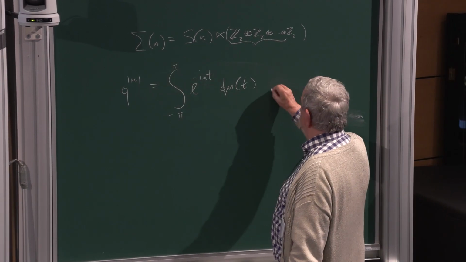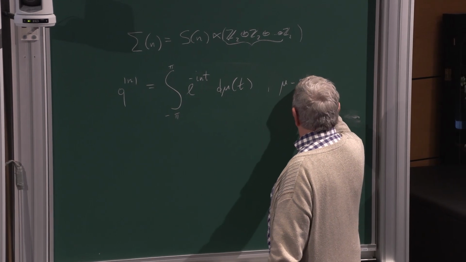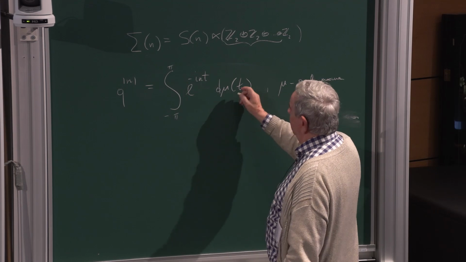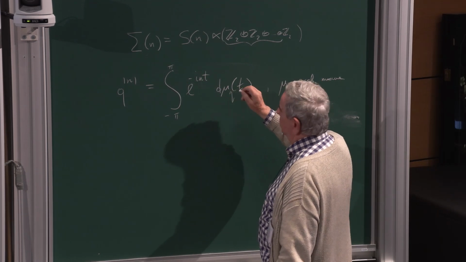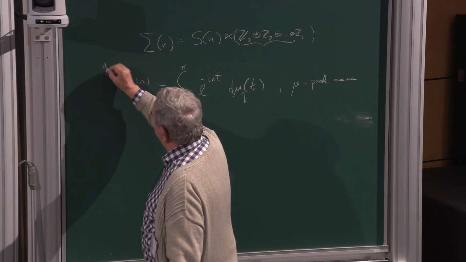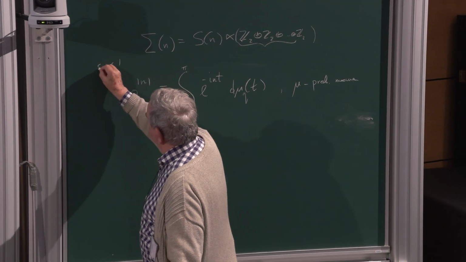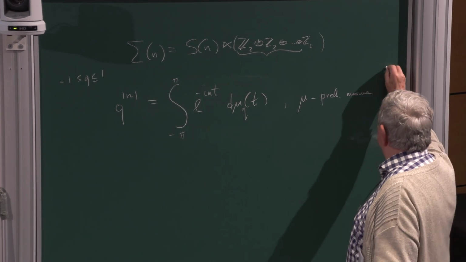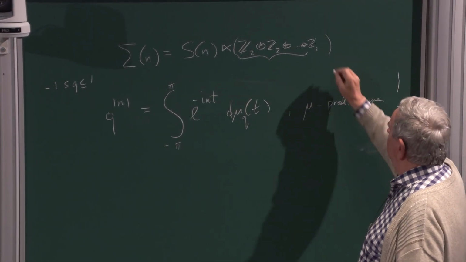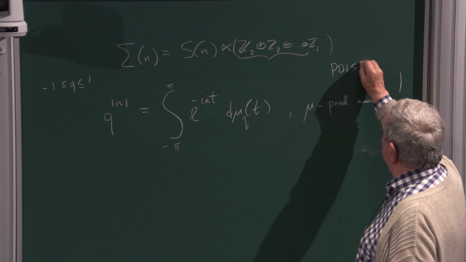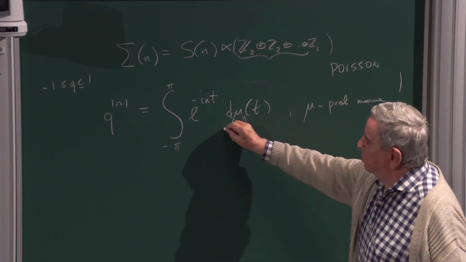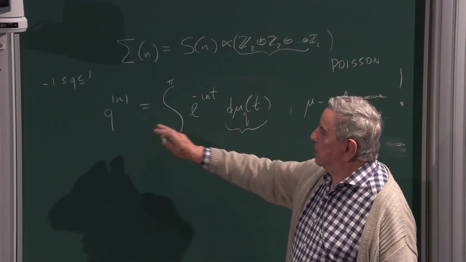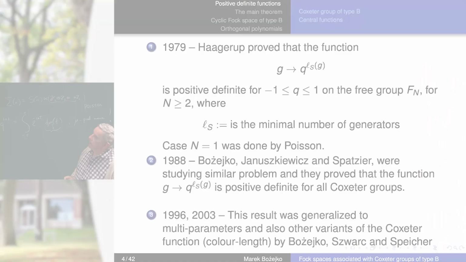This is the famous Poisson probability measure, the Poisson kernel depending on q. Usually q is between 1 and minus 1, and that kernel you can calculate explicitly. That was the first important result, by Poisson. Usually people just call this the Poisson kernel. So this function is its Fourier transform.